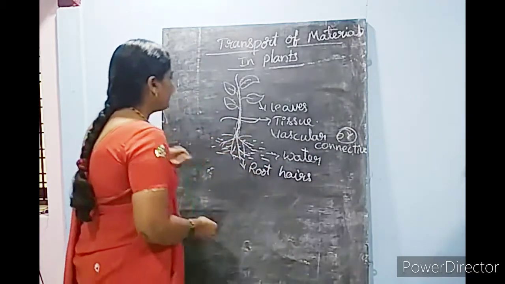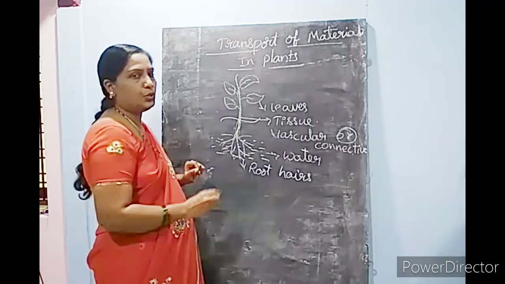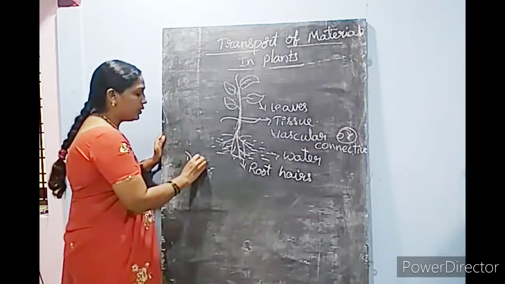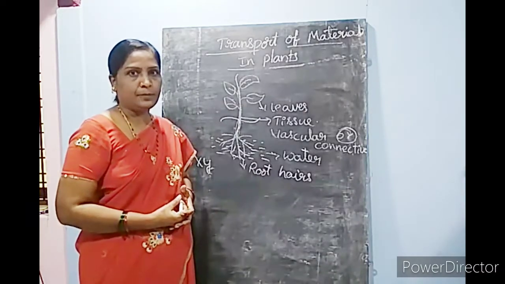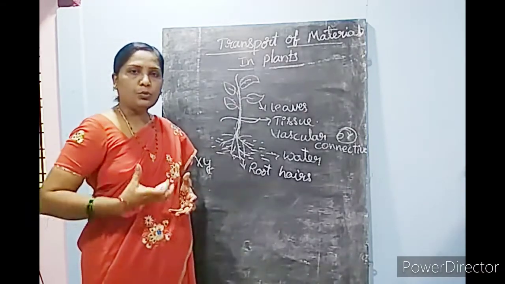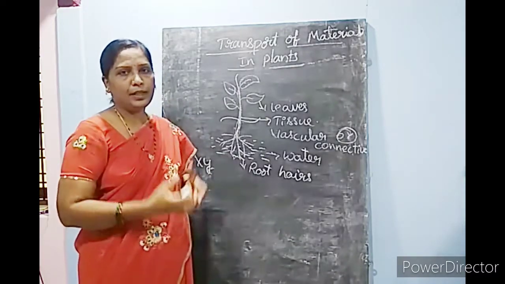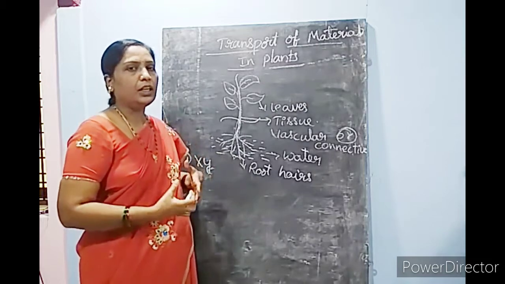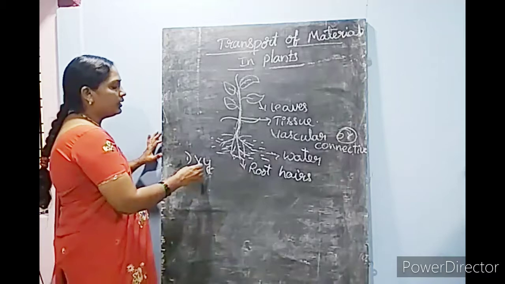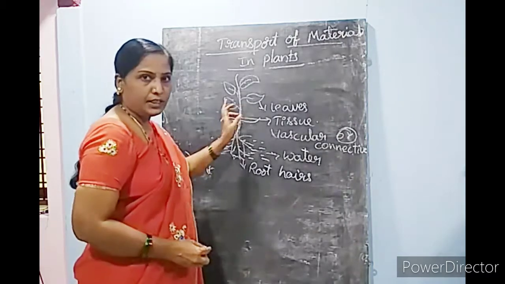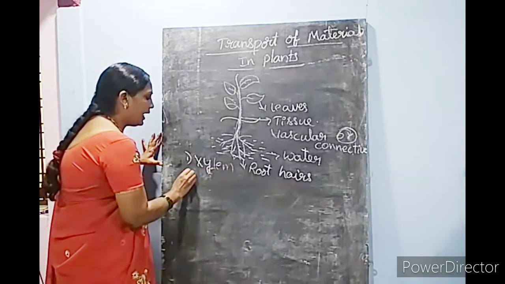In plants, two types of vascular tissues are present, which help in transportation of materials, either from the roots in the soil to the top of the plant, or from the top of the plant to different parts. We'll discuss in detail how this takes place. The tissues which help in transportation in plants are xylem and phloem.